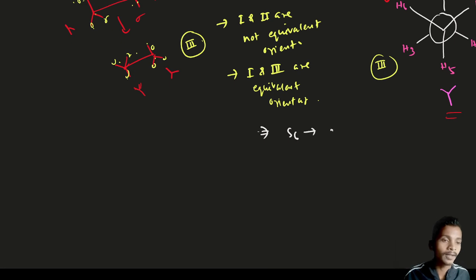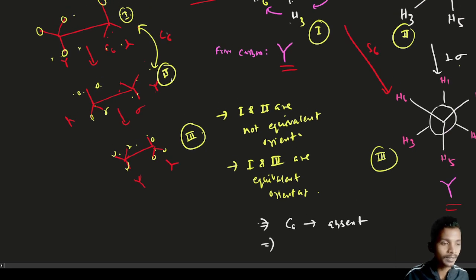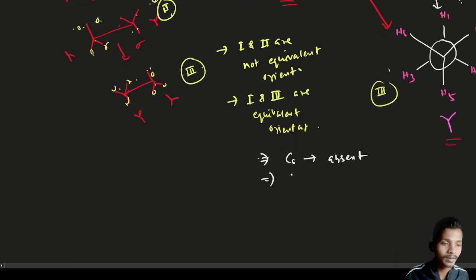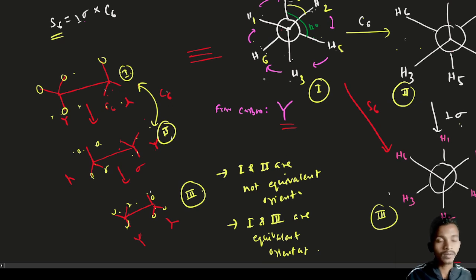Sorry, not S6, this is C6. C6 is absent, but this comes after rotation followed by reflection, which means this is S6. So S6 is present. And the other one I can also do.